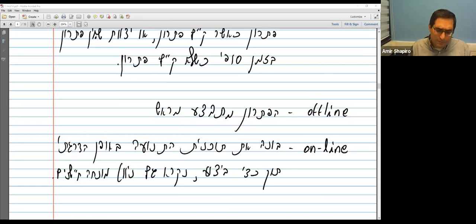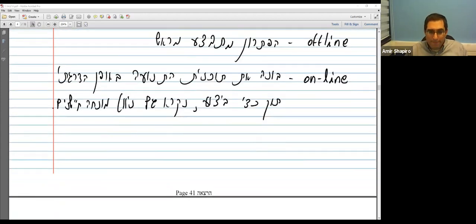And online is when the robot builds the motion plan gradually during the movement. This is also called sensor-based motion planning, the online problem.